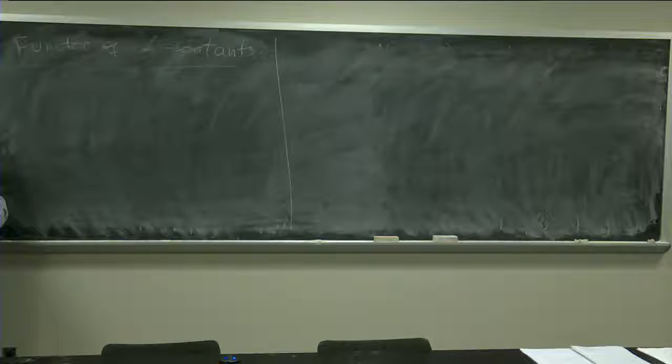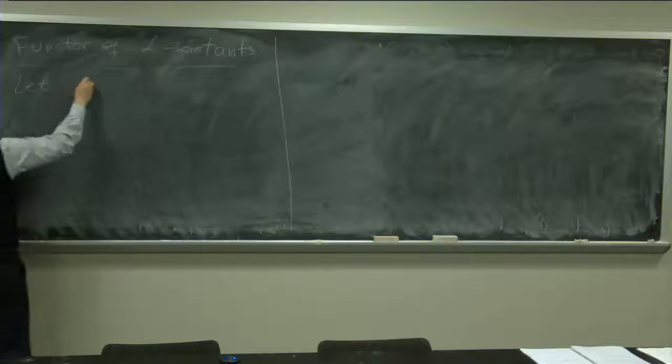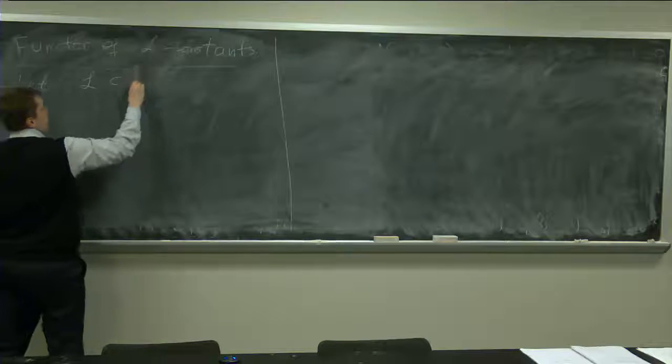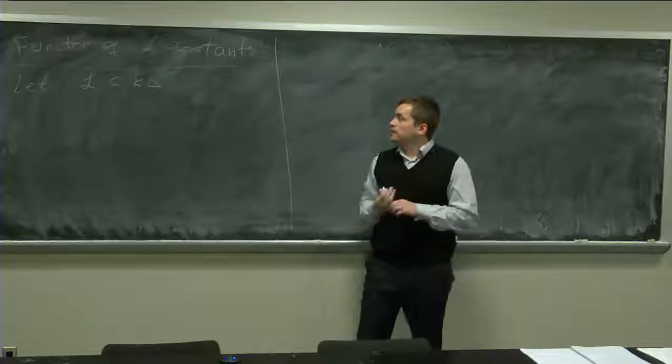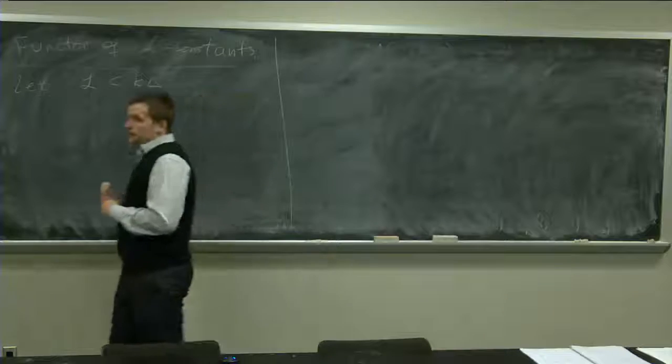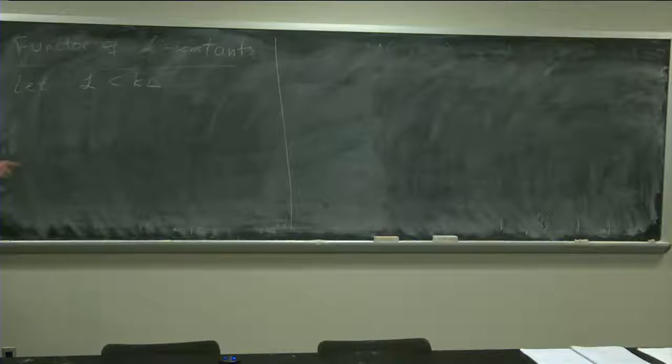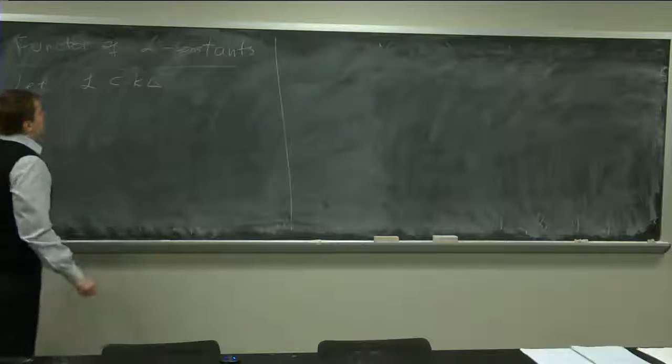Let L be a subset in K delta, the vector space over the base field K with basis delta. It doesn't hurt if you assume that this is a Lie subspace, but it can be any subset.